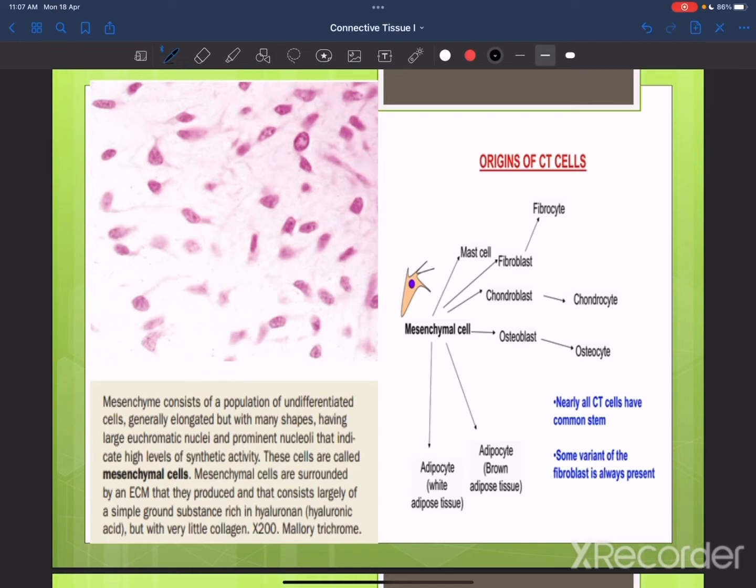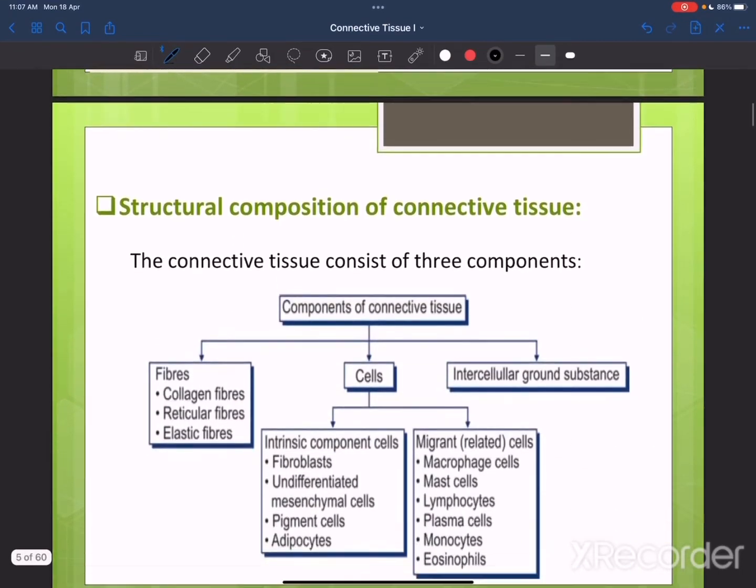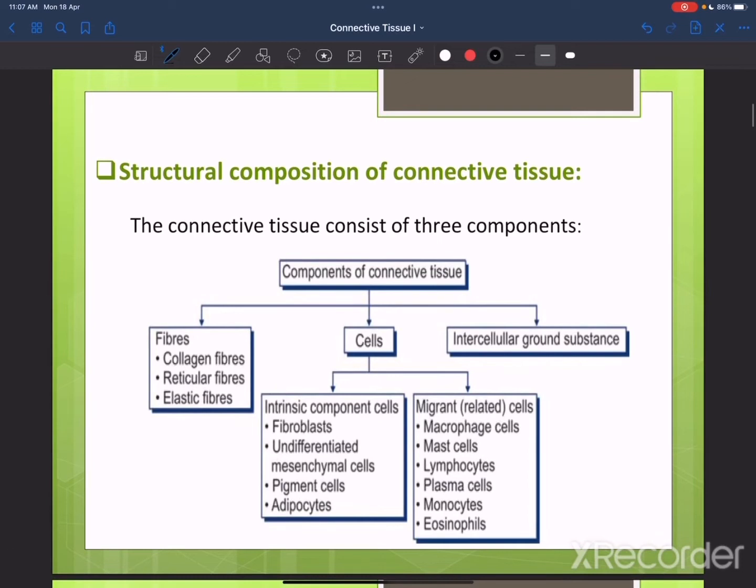Regarding the components of the connective tissue in general, we have this table here that shows us the components of connective tissue in general. So we have mainly the cells, different types of cells. These cells are either intrinsic components, and when we say intrinsic, we mean the resident cells of the connective tissue, or fixed cells.